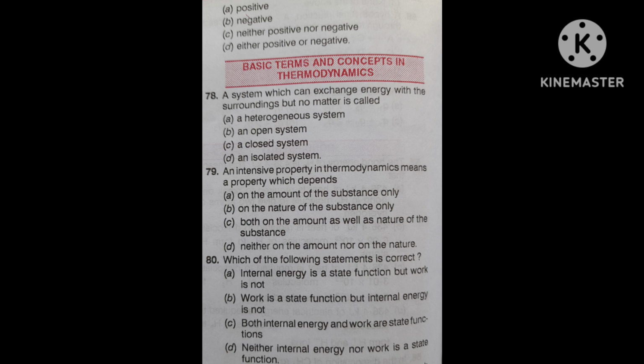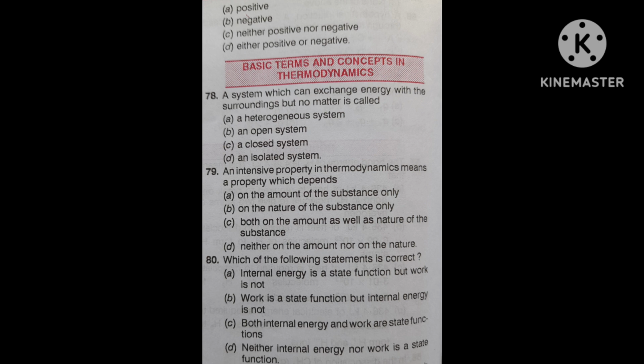Then the reaction will take place. It is spontaneous, and for a spontaneous reaction, the main condition is delta G must be negative. Hence option C, delta G for the reaction is negative, is correct.